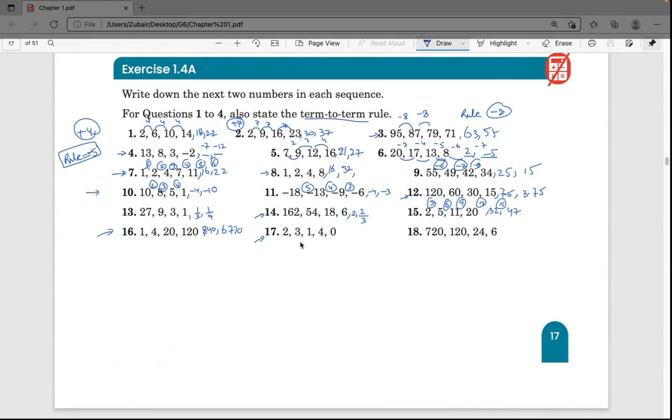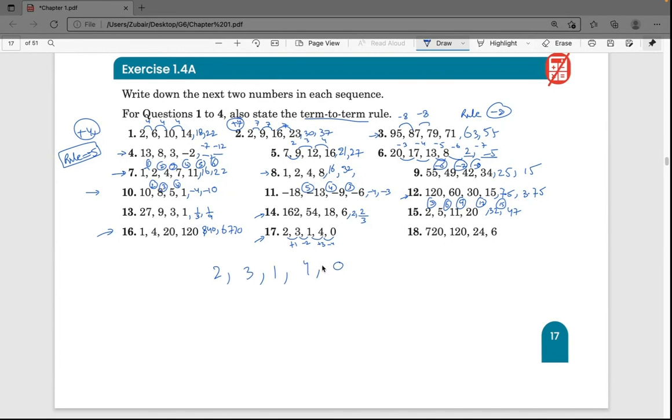It's 1, then it's 2, then 3. 1 minus 2 plus 3. So this is plus 1, then minus 2, and plus 3, then minus 4.